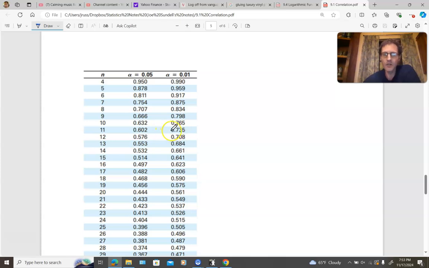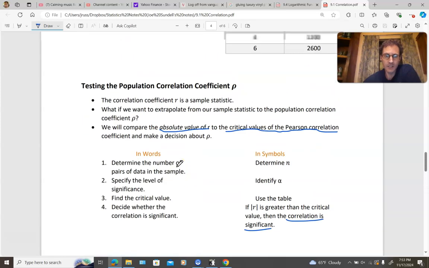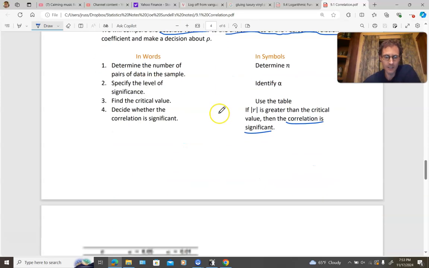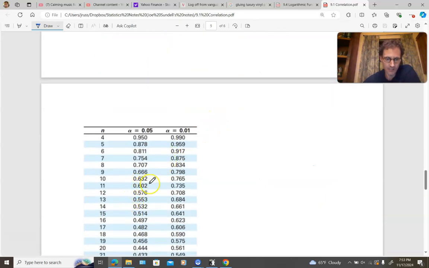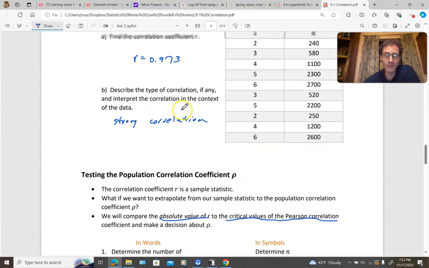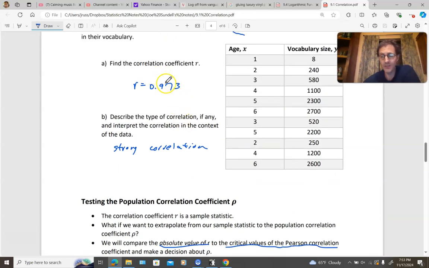So you can tell that the absolute value of our sample statistic here is much greater than either of these two values. So we would say this one is statistically significant, okay? And the actual value for alpha with a correlation coefficient this strong would actually be minuscule.